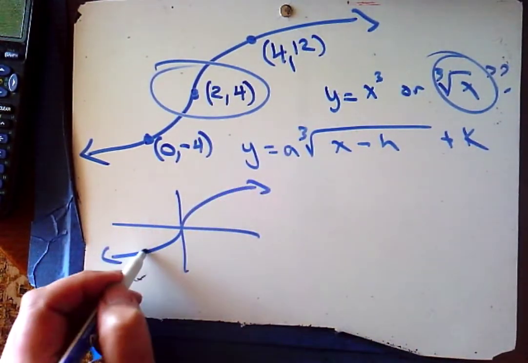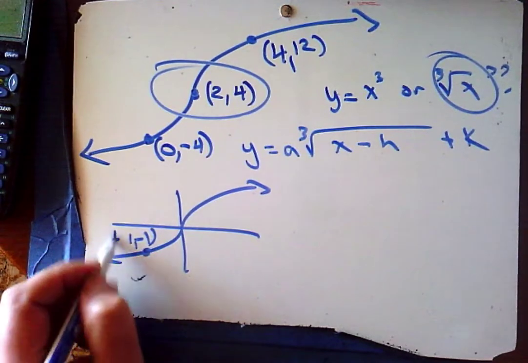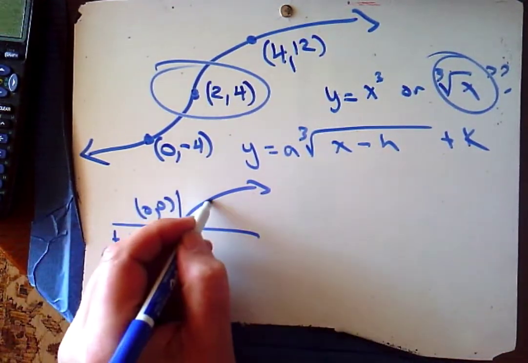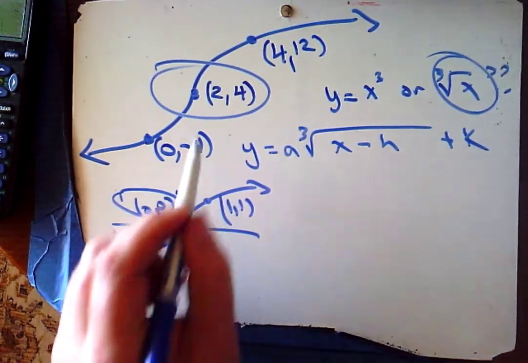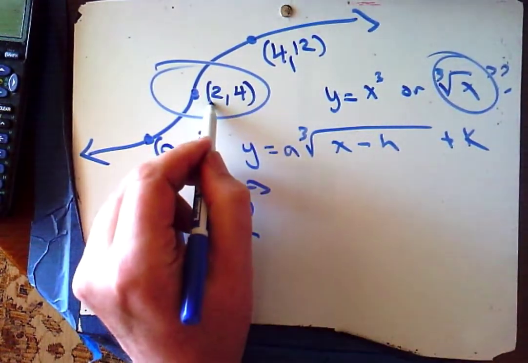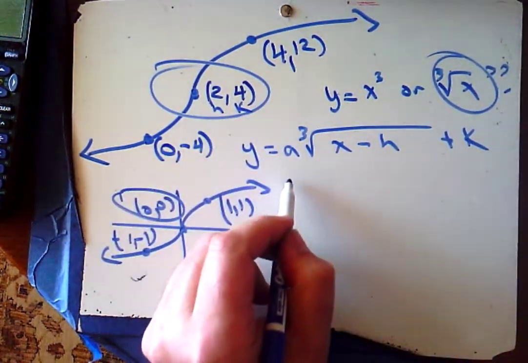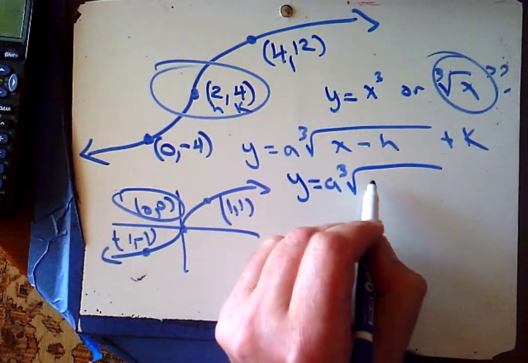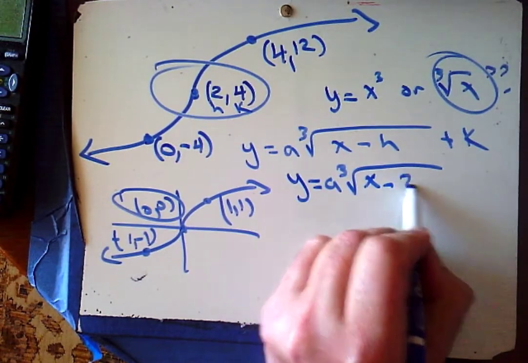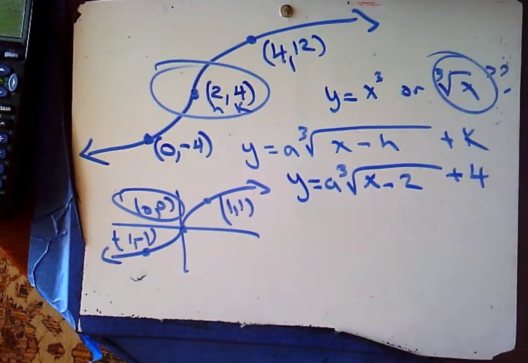Here's our cube root reference graph with negative 1, negative 1, 0, 0, and 1, 1. I want to take that 0 point, which is the middle point, and plug it in for h and k. So y equals a cube root x minus 2 plus 4.